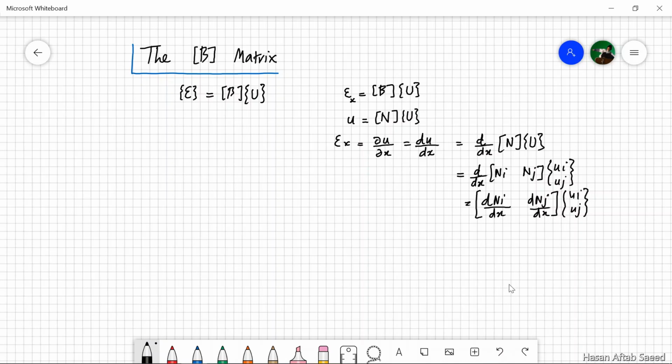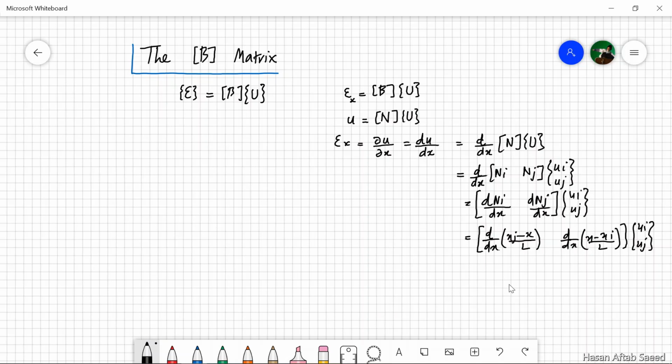Now, recall that we know the values of Ni and Nj, so just putting in those values, we have for Ni we have xj minus x over l, and for Nj we have x minus xi over l, and then we have the nodal displacements.